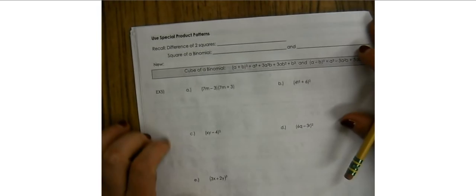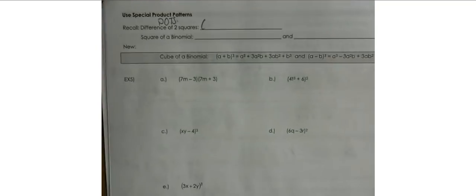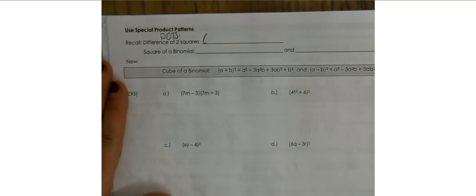Some of the special products we've already learned about, like the difference of two squares. What that looks like is if you have two parentheses that have exactly the same information inside, but the only difference is one has a plus and one has a minus, that product is going to be a difference of two squares.